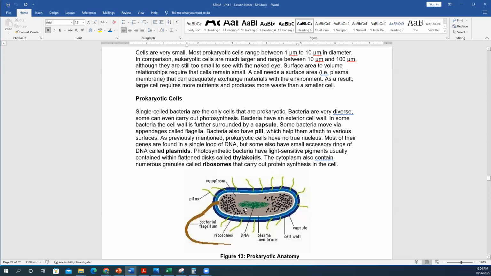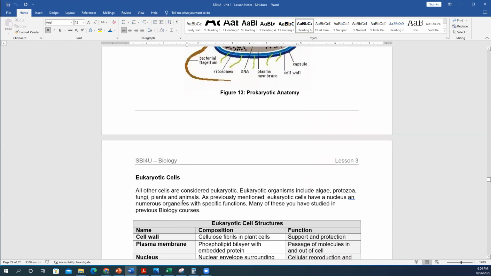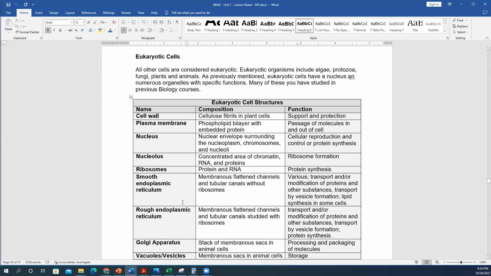We learned a little bit about the basic structure of a prokaryotic cell, and the basic structure of a eukaryotic cell. And we learned about some of the important cell structures within a eukaryotic cell.